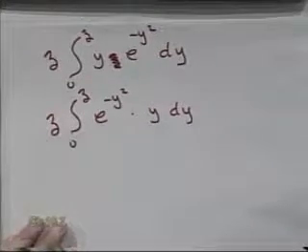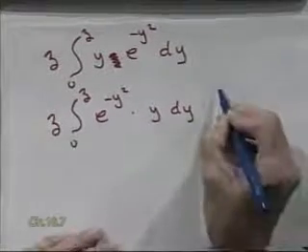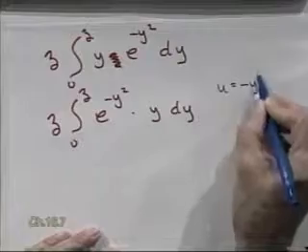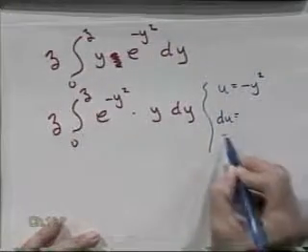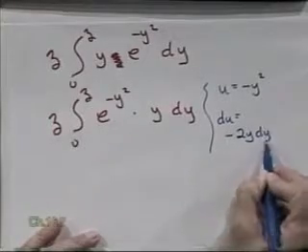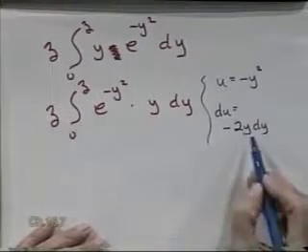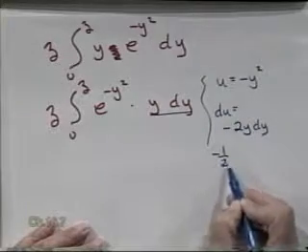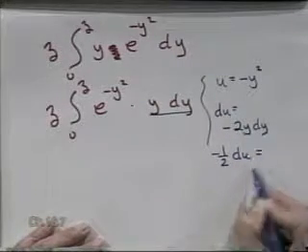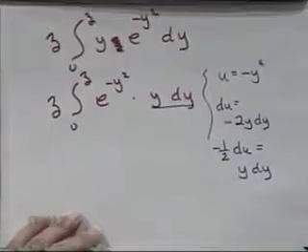So what are we going to let u be? We're going to let u be the exponent, minus y squared. So du is minus 2y dy. So what am I going to put in for y dy? Well, if I multiply by minus a half on both sides, minus 1/2 du is going to equal y dy.